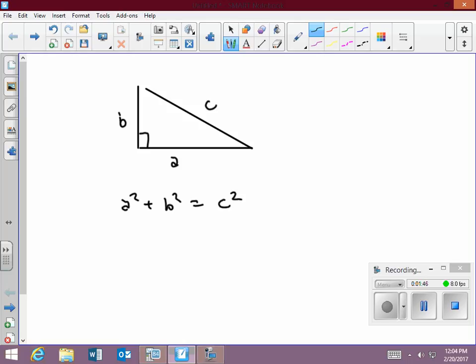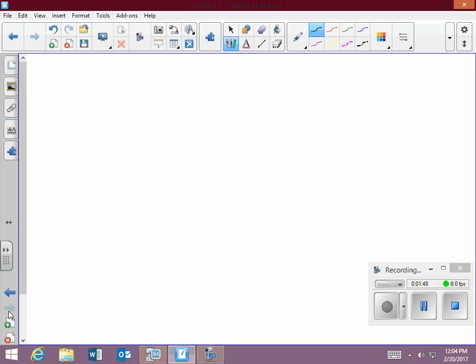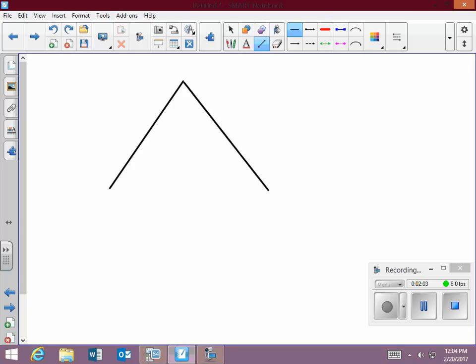The 30, 60, 90 triangle. They start out with an equilateral triangle, and in that particular triangle each one of these angles is going to be 60 degrees.